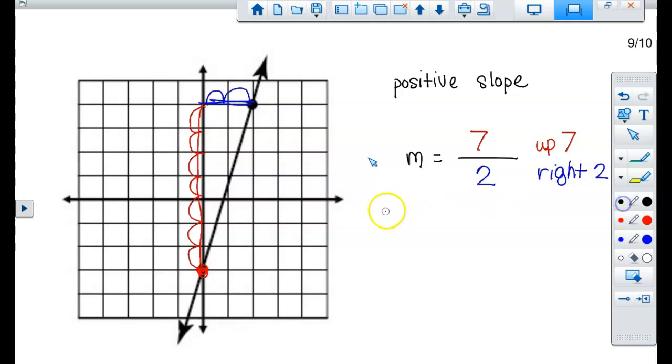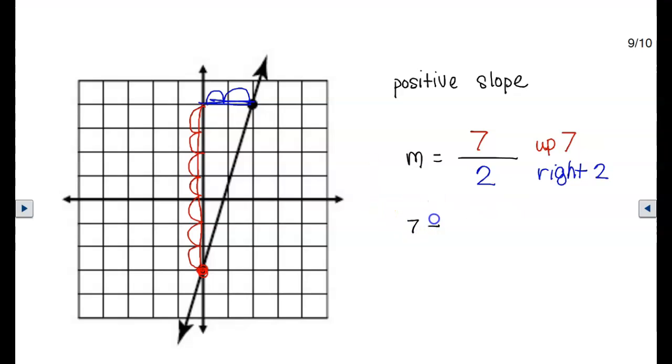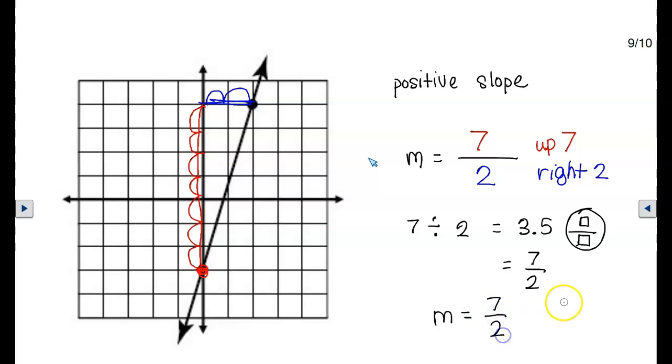So now we'll go to the calculator. We'll type in 7 divided by 2, which will be 3.5. I want a fraction, so I'll push my little fraction button on the calculator, and that will change it back to 7/2. What we're doing when we do the calculator part of this is we're seeing if that fraction can simplify, if it can reduce to lowest terms.